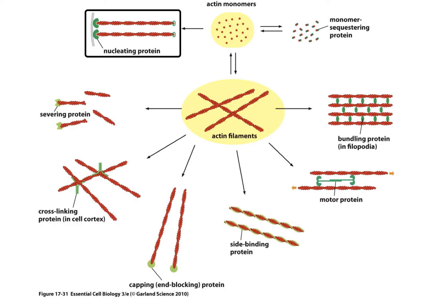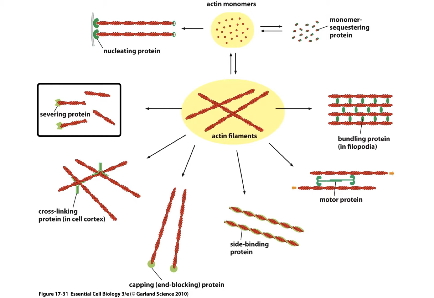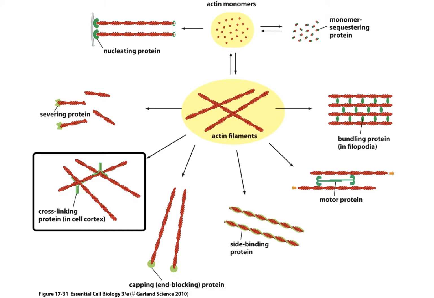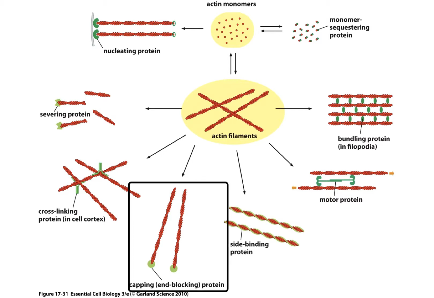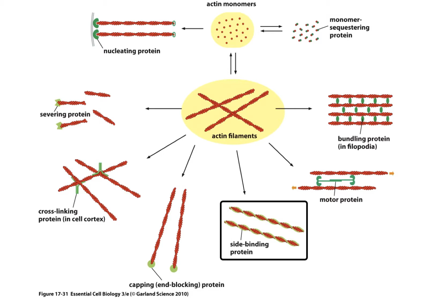But there are nucleating proteins which cause the addition of actin in just one direction, and this would be to push out a particular part of the cell membrane. There are severing proteins which will break down the actin. There are cross-linking proteins here that connect with actin, capping and blocking the ends of actin, side branches such as tropomyosin, myosin, and things like that are in muscle cells also.